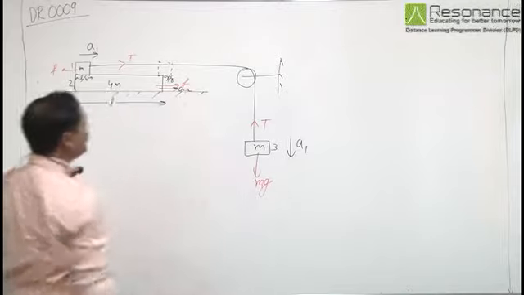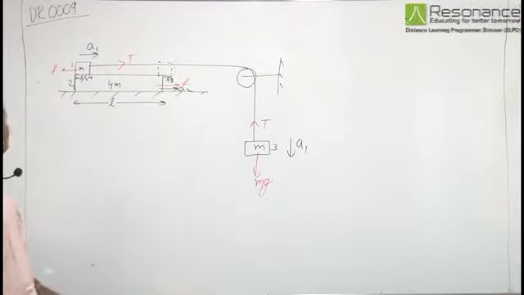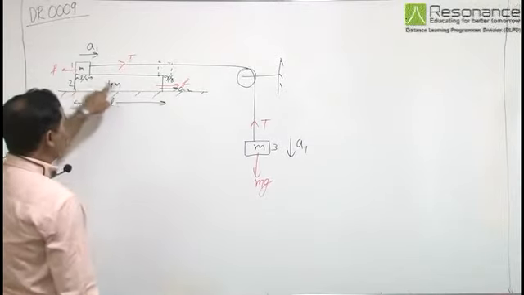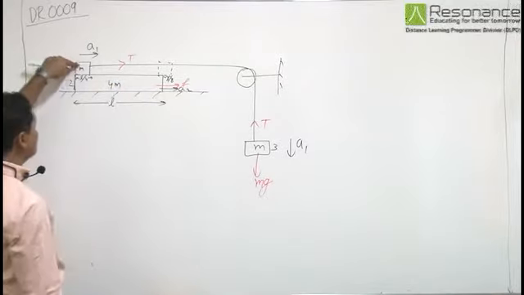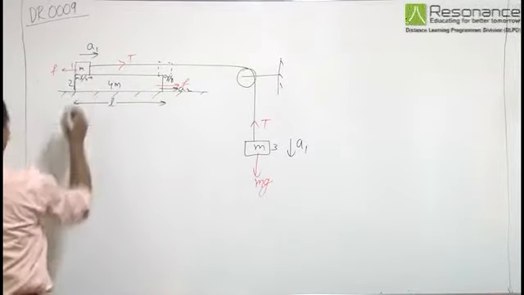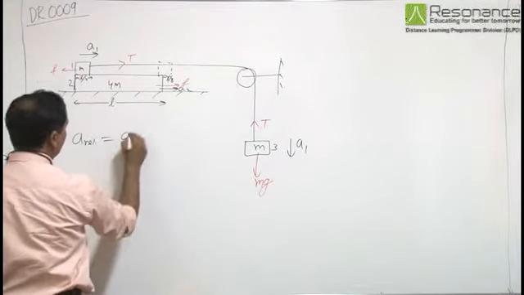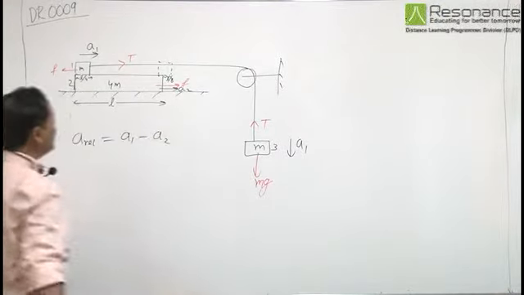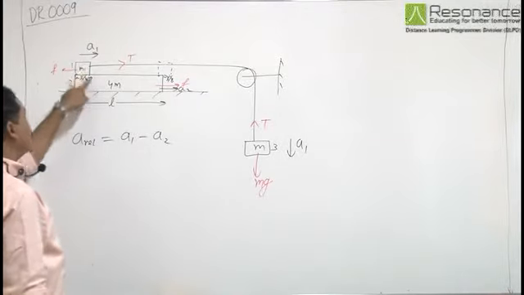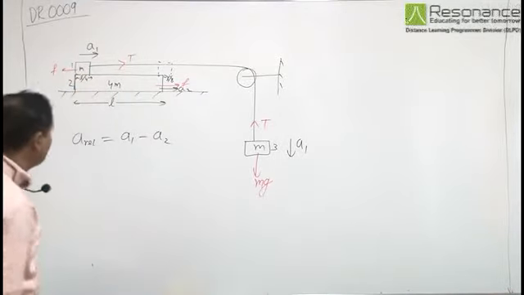Let its acceleration be a2. So 2 is moving with a2, 1 is moving with a1, and the relative acceleration, a relative, will be equal to a1 minus a2, with which 1 is moving with respect to 2.